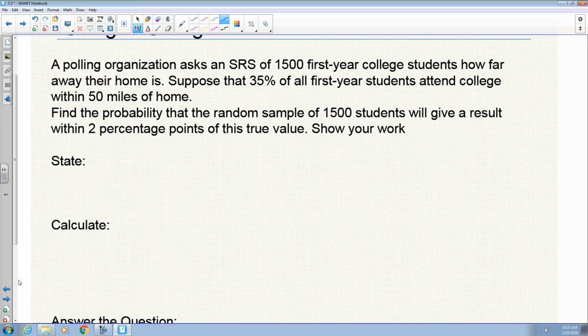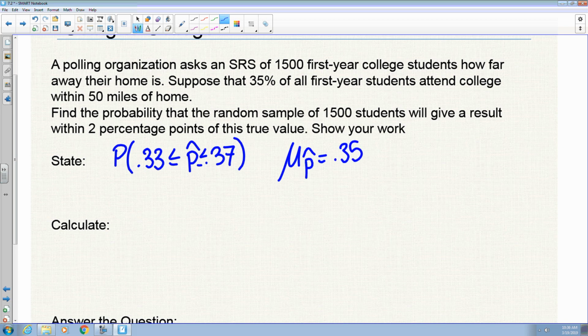As stated, to be within 2 points of 35%, we need to be between 33 and 37 for our p hat value. And then we need to state the mean of our p hat distribution, which is 0.35, the population proportion.